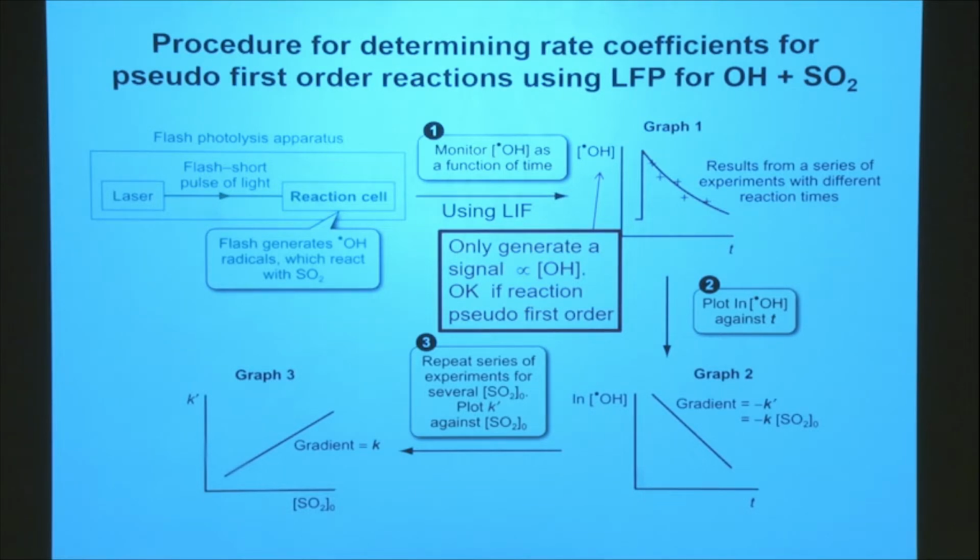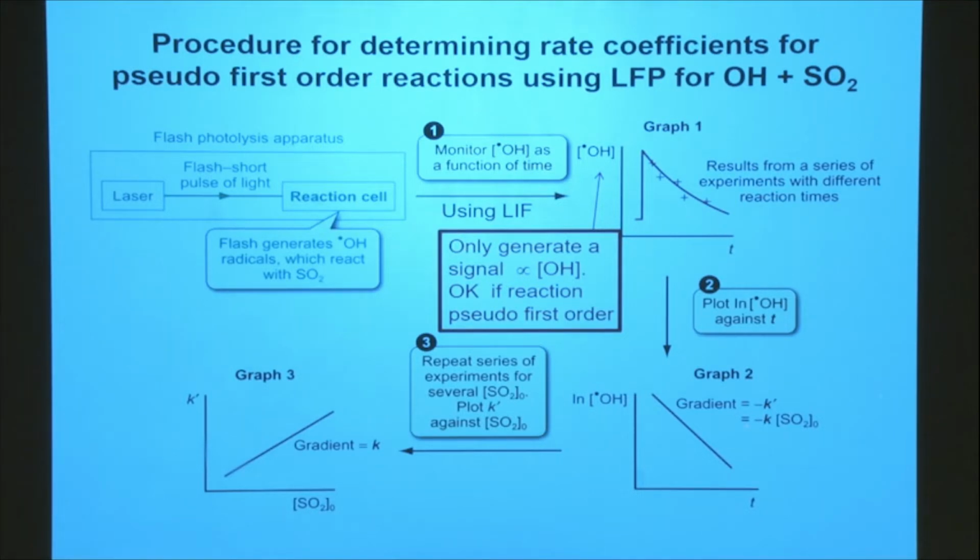Because this is a first order exponential decay, if we plot the log of that signal against time, we should get a straight line, and the slope of that straight line is our pseudo first order rate constant. But that's not the actual rate constant of interest.